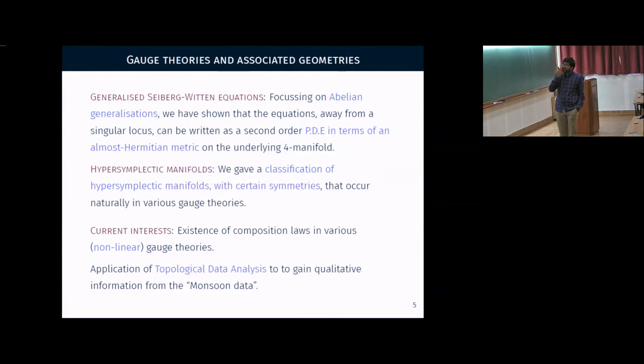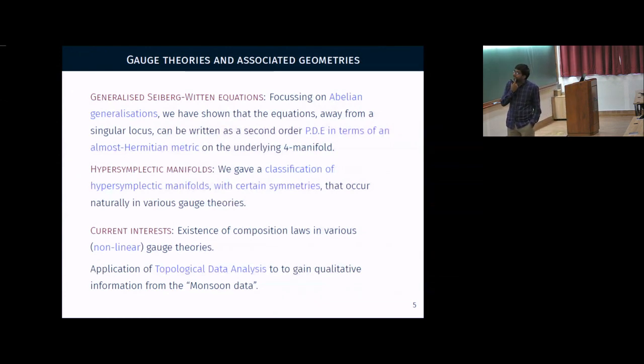In a second work, I have dealt with hypersymplectic manifolds, which can be thought of as a pseudo-Riemannian analog of the hyperkähler manifolds, but with a neutral signature. And hypersymplectic manifolds have recently come into limelight once again because they have been produced as moduli spaces to certain gauge theories in the pseudo-Riemannian setting.